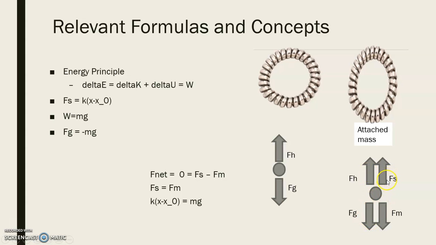The force of the spring is pushing up as the force of the mass pushes it down, so these would also be equal as seen here. You could see this in terms of the energy principle written out here as well. And so you could set the force of gravity, or the force of the mass, whatever you would like to call it, equal to the force of the spring. Please note this is the same as weight.